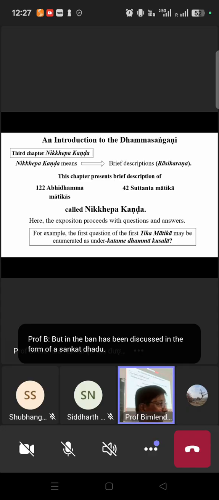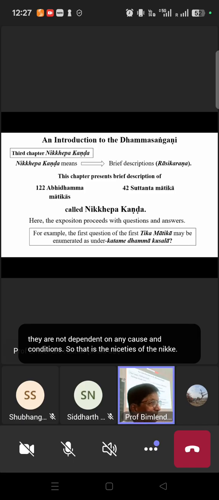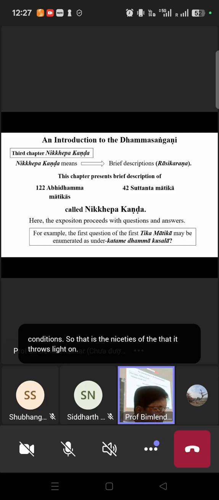That is the Dhammas which are not dependent on some cause and conditions. Nibbana is called asankhata because it is not dependent on any cause and conditions. So that is the nicety of the Nikhep Kanda, that it throws light on the Nibbana, the fourth ultimate reality, because in the first two chapters we do not have any description of the Asankhata Dhatu.